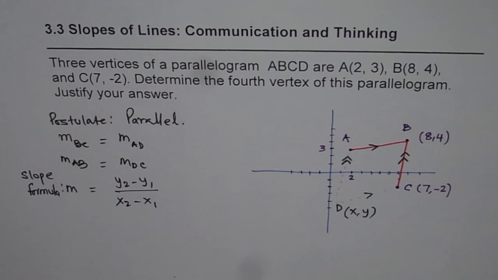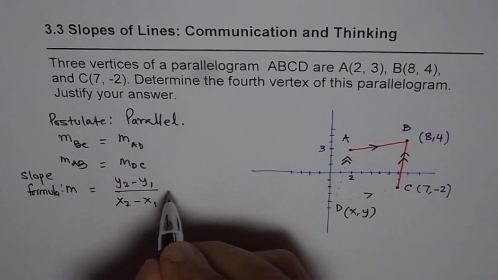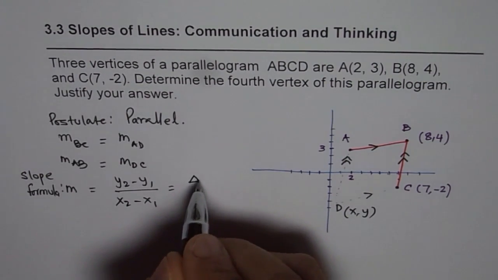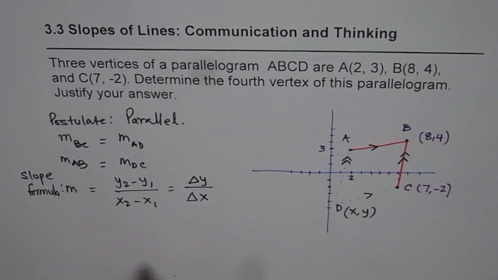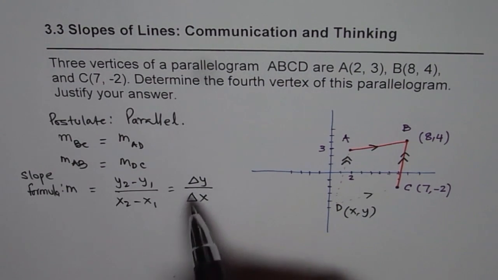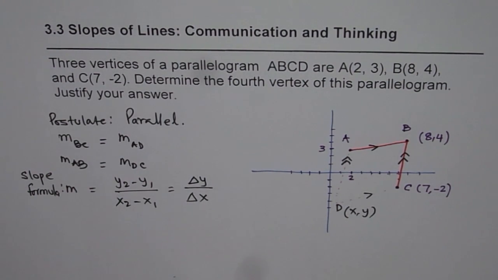The definition of slope is: y2 minus y1 is the change in y, and x2 minus x1 is the change in x. We can also use this basic definition, change in y and change in x, to find D. So let's figure it out.